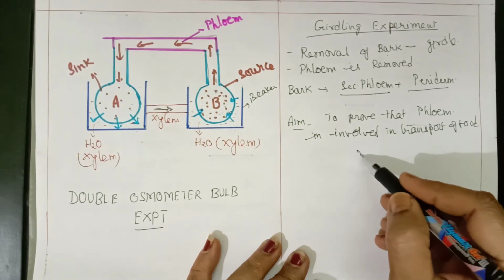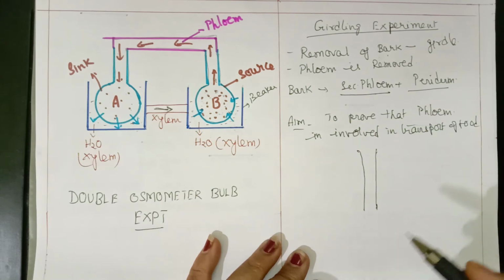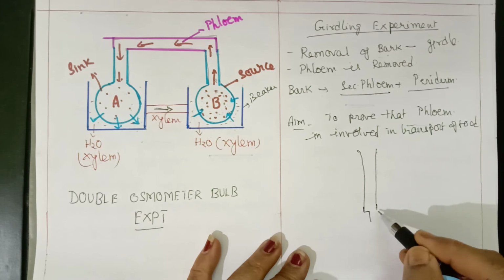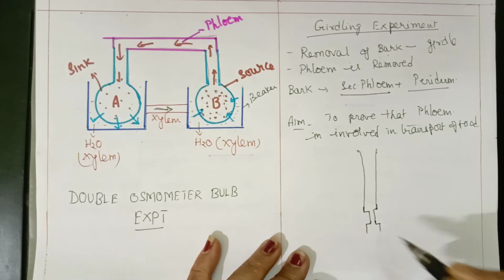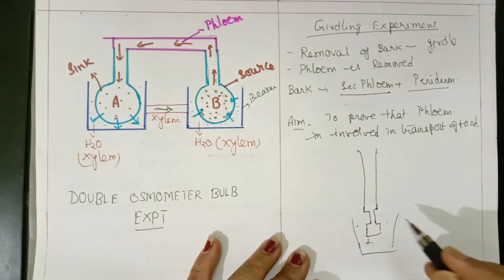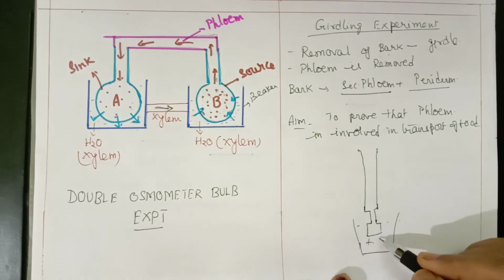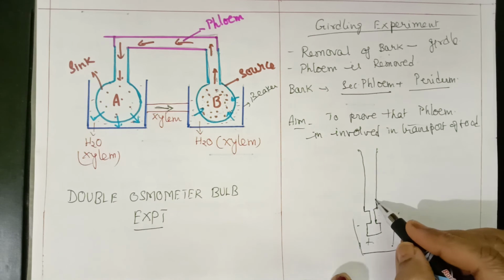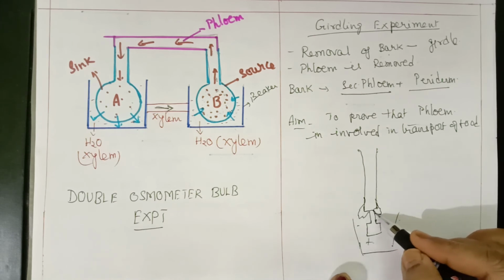Suppose this is a stem and girdling is done at one particular point. So this is a potted plant, here the root system. Suppose girdling is done at one particular point. At this point we find there is a swelling taking place.